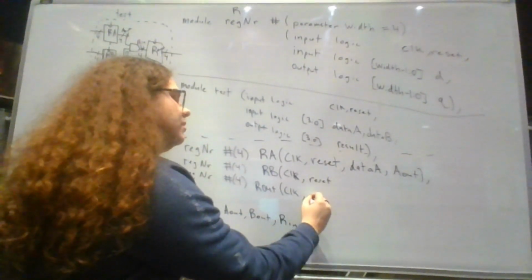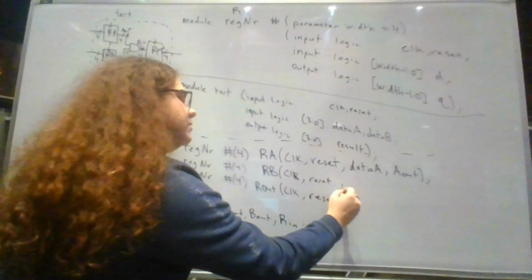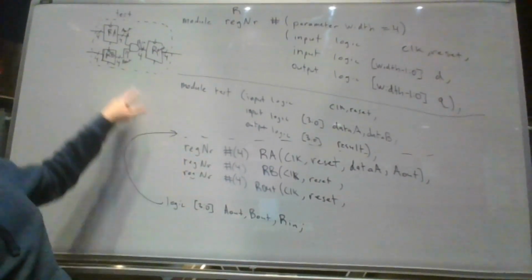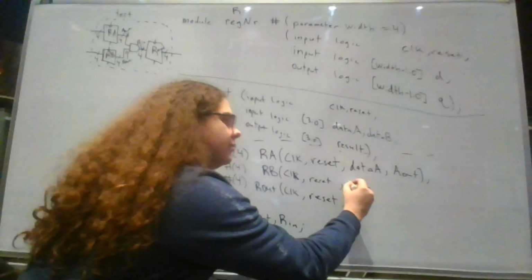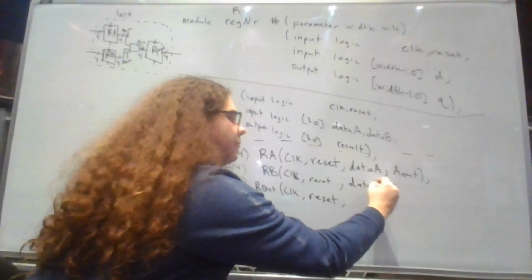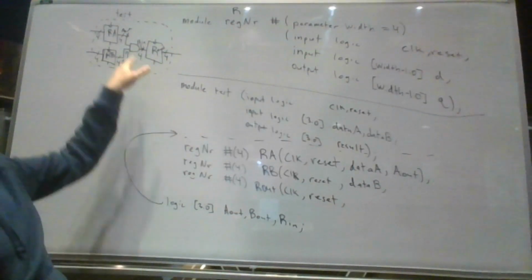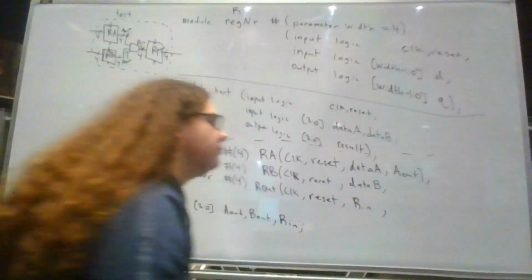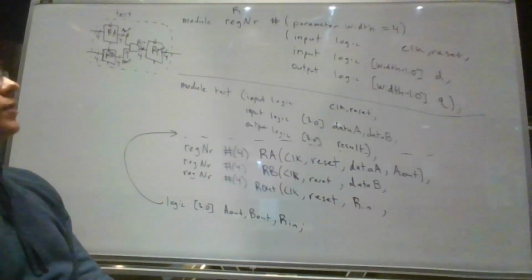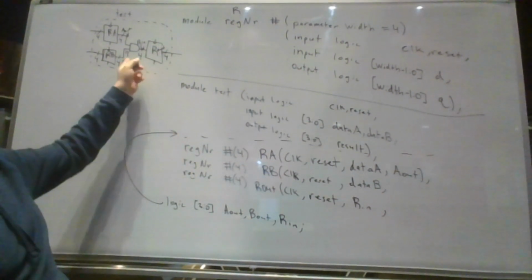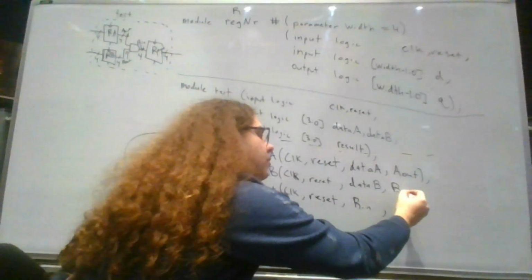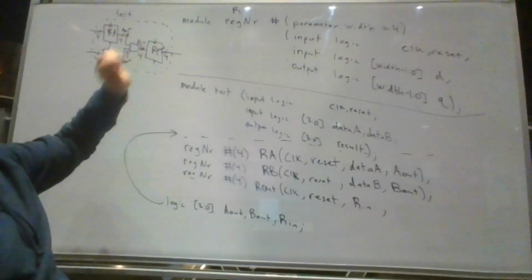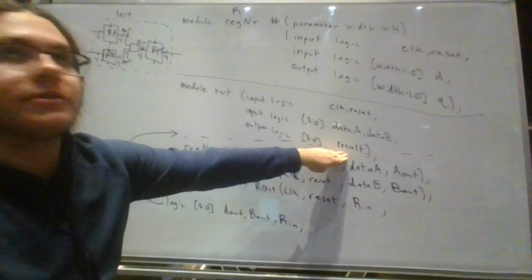However, they do all have different data inputs. For RB, the data input is data B, and for ROut, the data input is RN. For the outputs, for RB the output is called Bout, and for ROut the data output is called result.